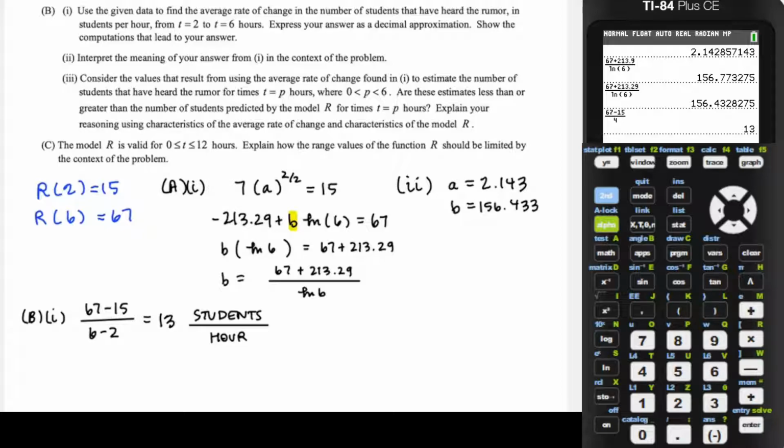Interpret the meaning of the answer from part 1 in the context of the problem. That's where I'm going to start out with on average. Okay, the R represents the number of students who have heard the rumor.